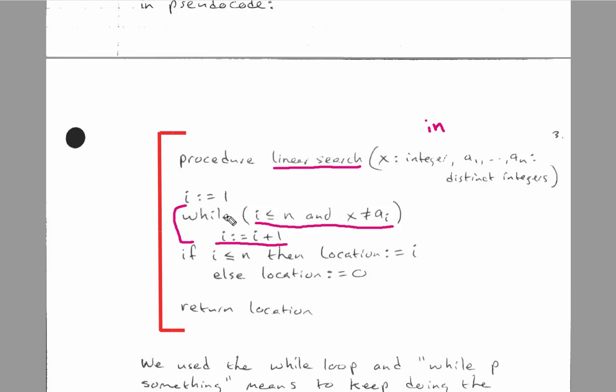So with this while loop, there are two ways to break out of the loop. Either i becomes bigger than n, so we've got to the end of the list.